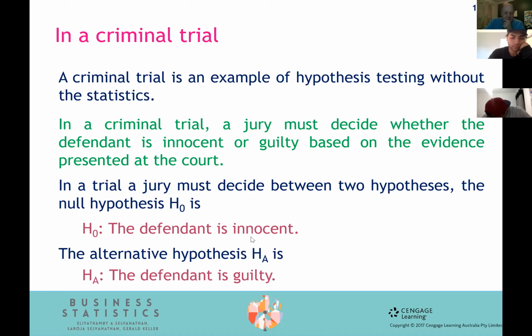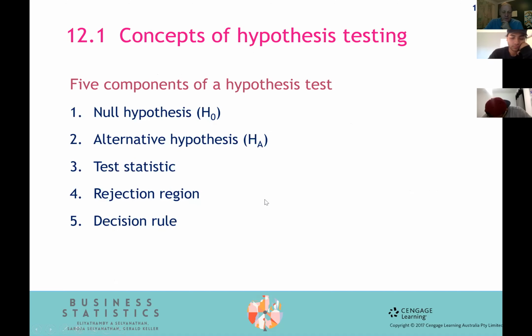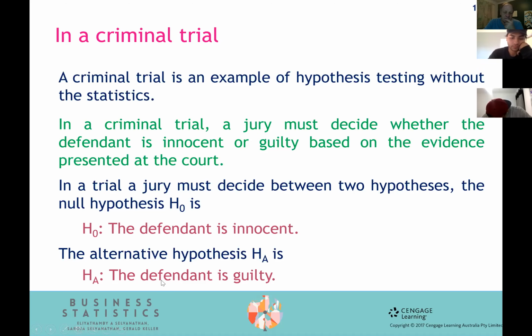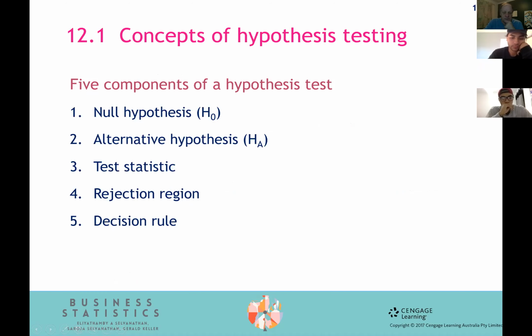Okay, the next thing we need is an alternative hypothesis. The alternative hypothesis is the defendant is guilty. The next step is we need to define a test statistic.